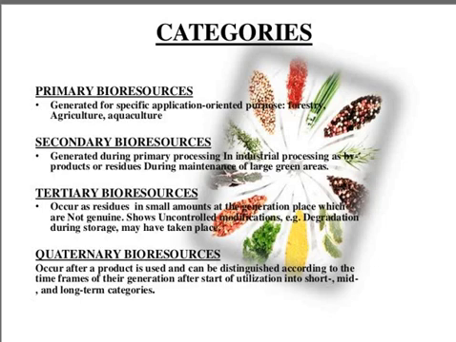For example, degradation during storage may take place. So these are tertiary bioresources which can be degraded, and the shelf life of different fruits and vegetables in our country is very short.